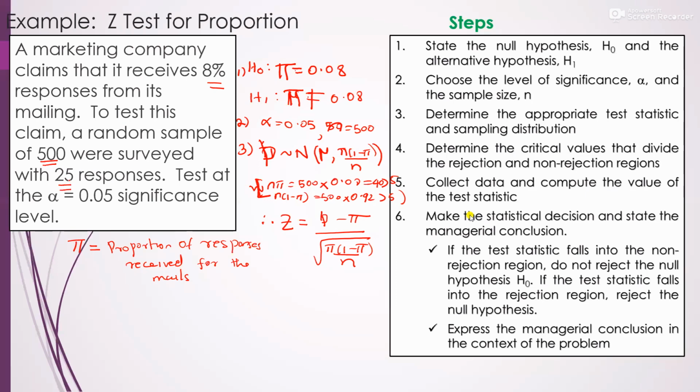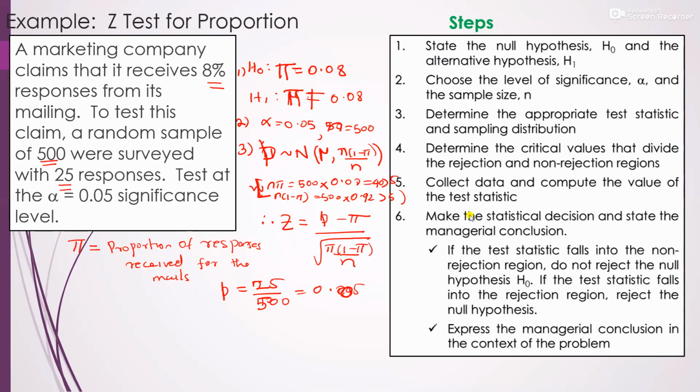Only 25 responses were received, so P is equal to 25 over 500, that is 0.05.